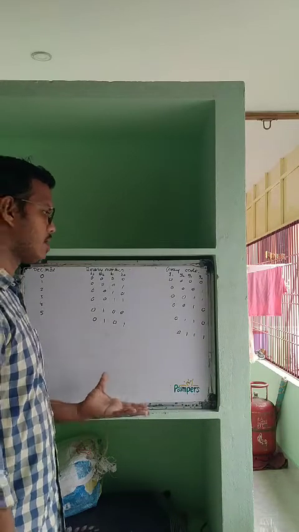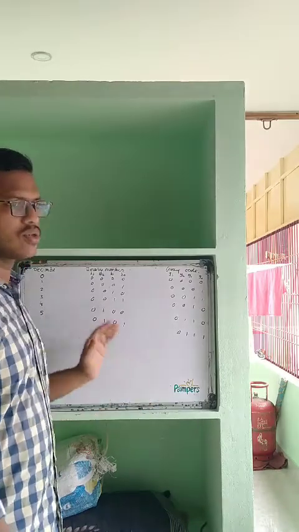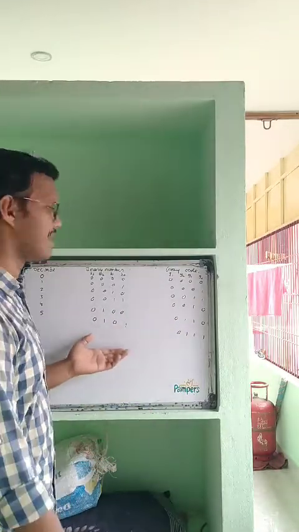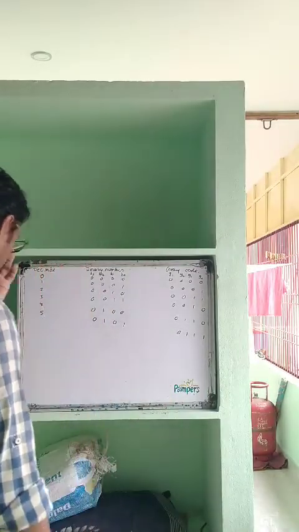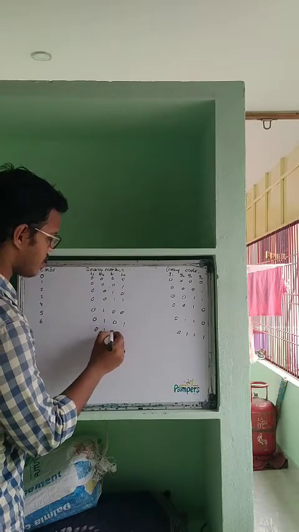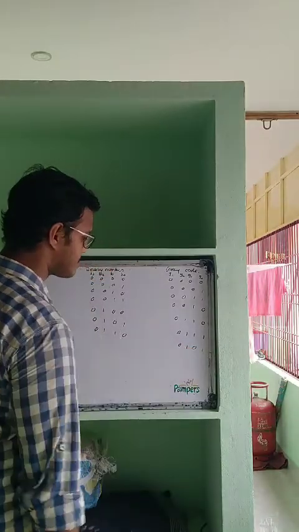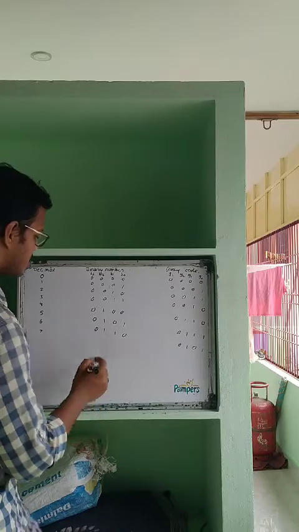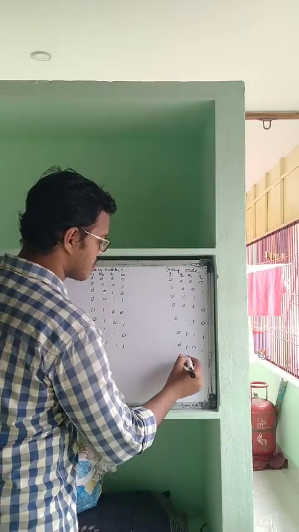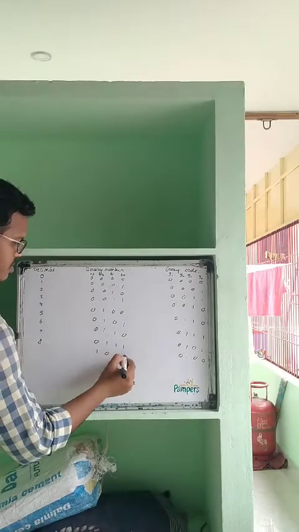So now I am writing the tabular form of gray code, from 0 to 16. I will explain how these gray codes are coming from the binary numbers. Okay. 6 can be written as 0 1 1 0. Here 6 is written as 0 1 0 1. 7 is written as 0 1 1 1. Here 7 is written as 0 1 0 0. 8 is written as 1 0 0 0.